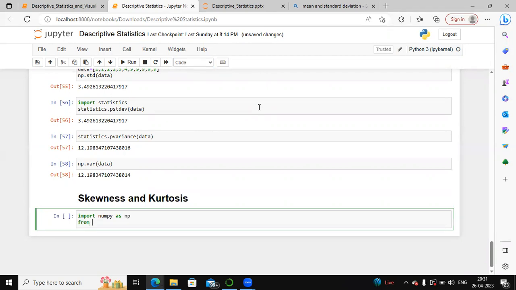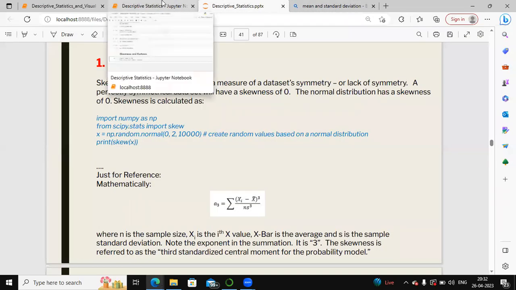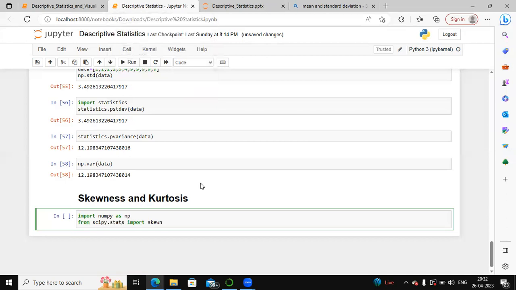Next from scipy: skewness and kurtosis are there in the scientific Python library. So you have to import from scipy.stats. We are doing skewness, right? So import skew.